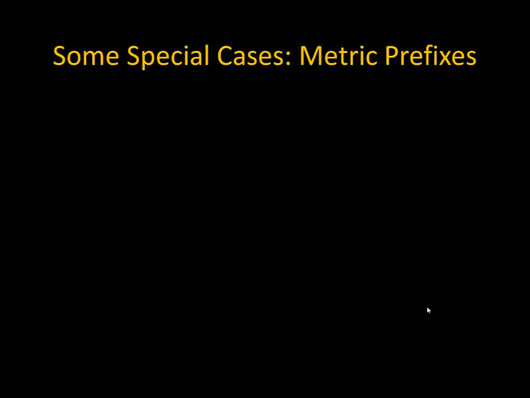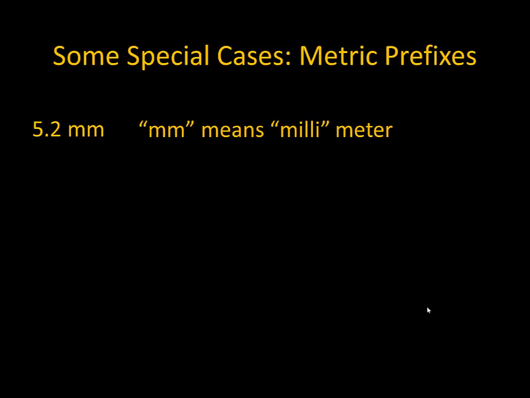Metric prefixes show up on numbers. For instance, this number here, 5.2 mm, means 5.2 millimeters. It may be that you want to have that number in meters instead. And I'll show you how to convert that here. First of all, when you have a number written with that mm afterwards, the second M means meter, and the first M, the leftmost one, means milli.